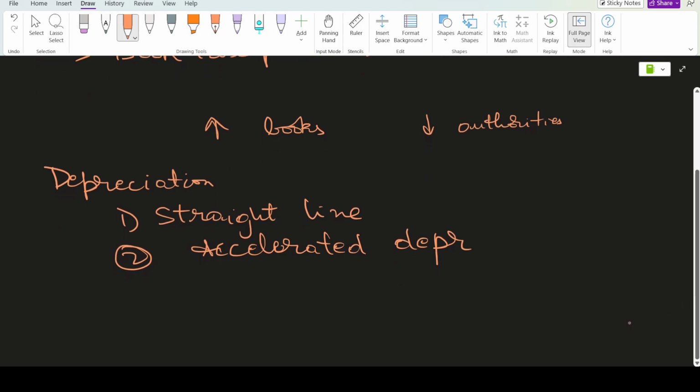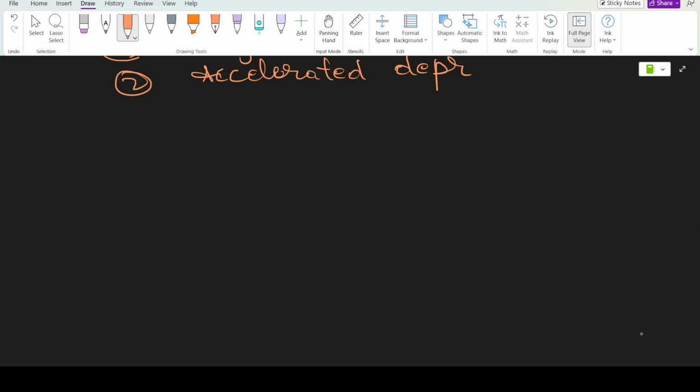Deferred tax liability gets created when you use straight line depreciation for book purposes, and accelerated depreciation for tax purposes. To understand this, I will show you an example of how straight line and accelerated depreciation go hand in hand.